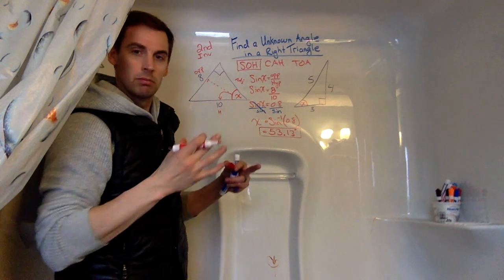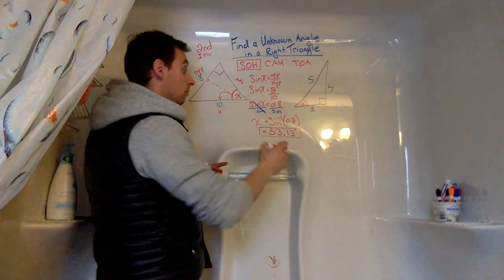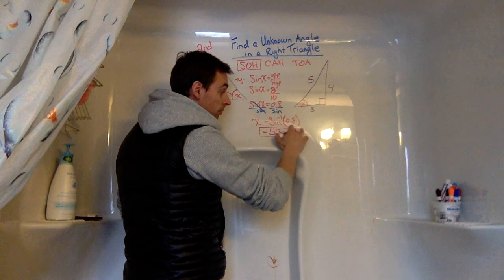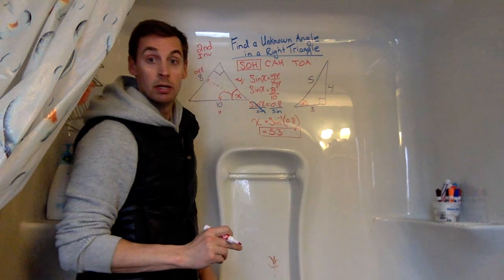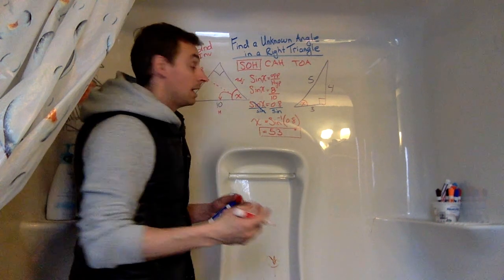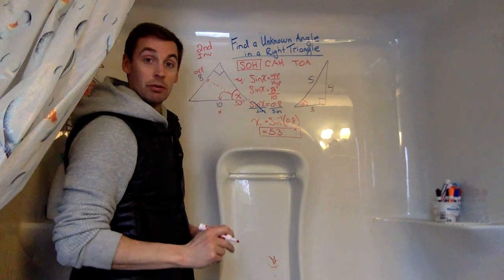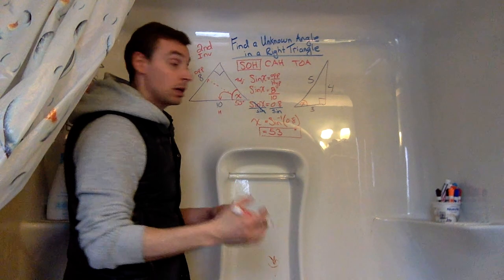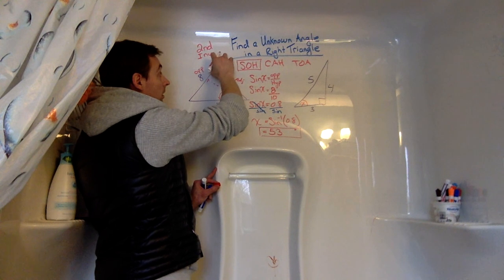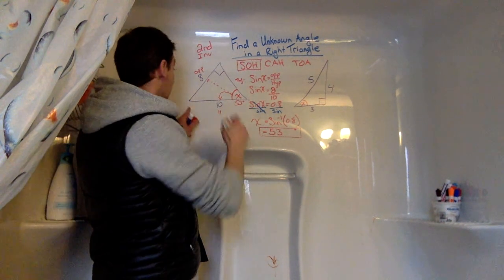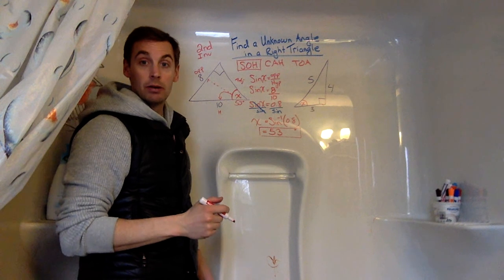Depending on what your question is asking, you might be able to get rid of the decimal values and just go with 53 degrees. It all depends on that. Once you know this, you can also find this angle as a result, because we know that 90 and 53, and whatever this angle is, has to equal 180 degrees.